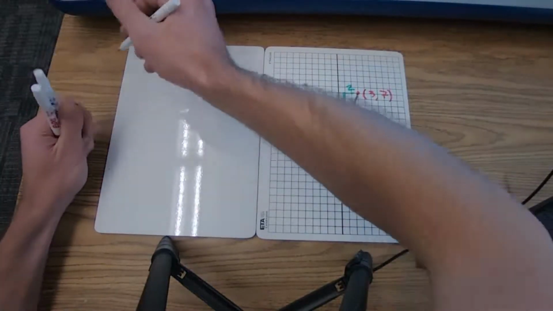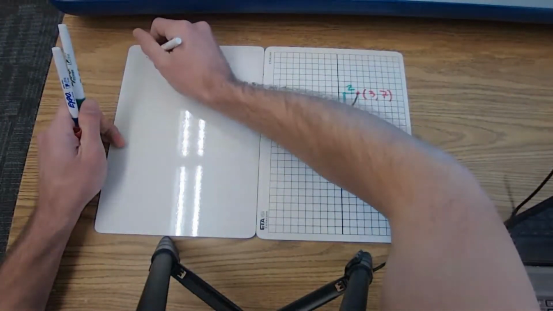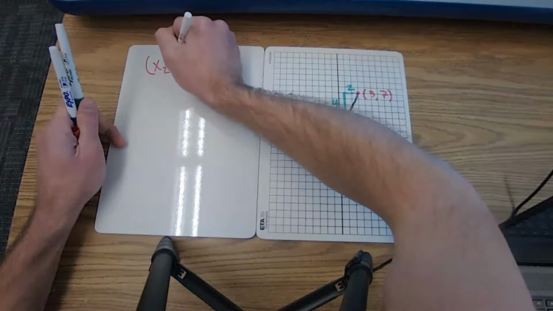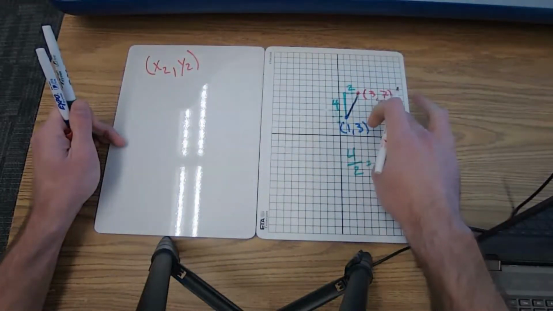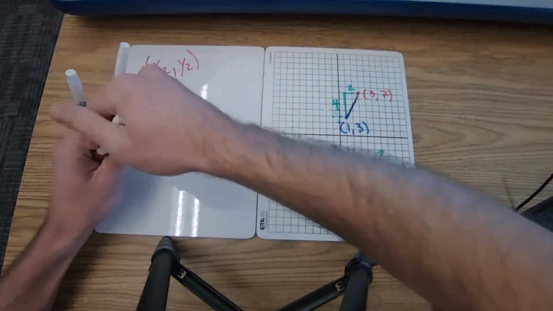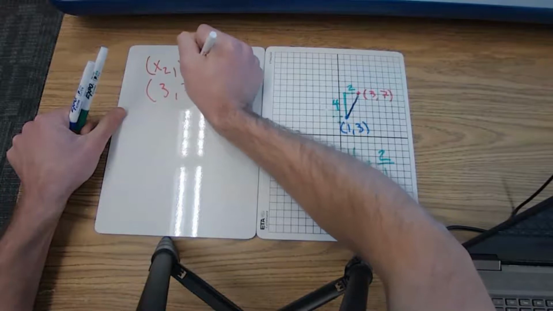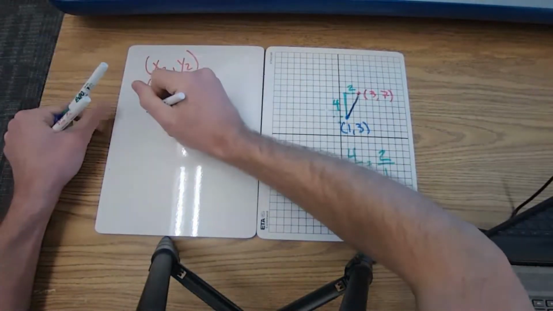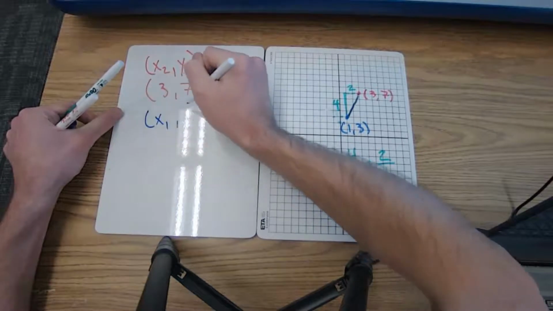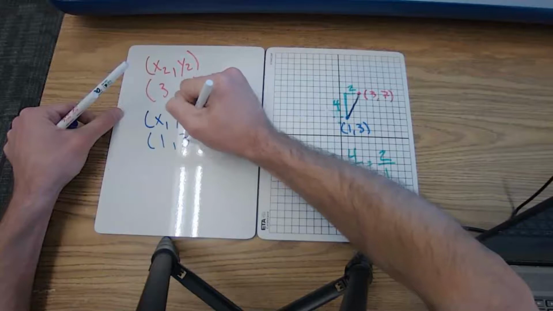So let's say we have some point, our second point here, x2, y2, okay? A point that's higher up and further to the right. In this case, we have 3, 7. And we have a first point, x1, y1. In this case, 1, 3.